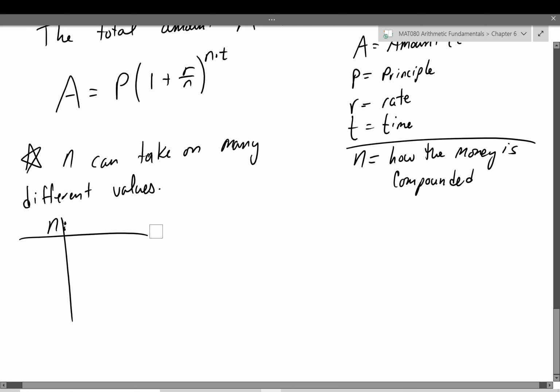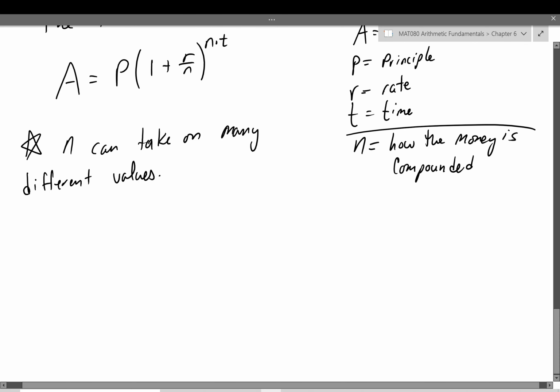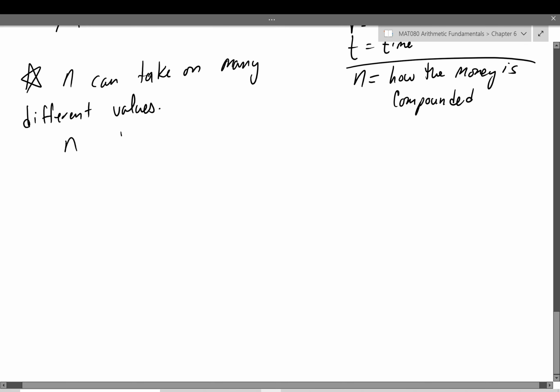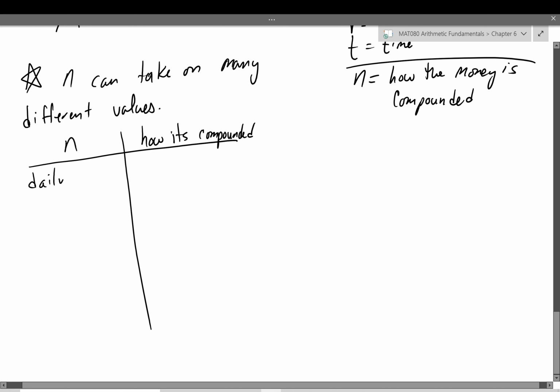Let's do a column. I think a column is going to work out nicely. So N, and then how it's compounded. So for example, if the money is compounded, let's say daily, then N equals 365.